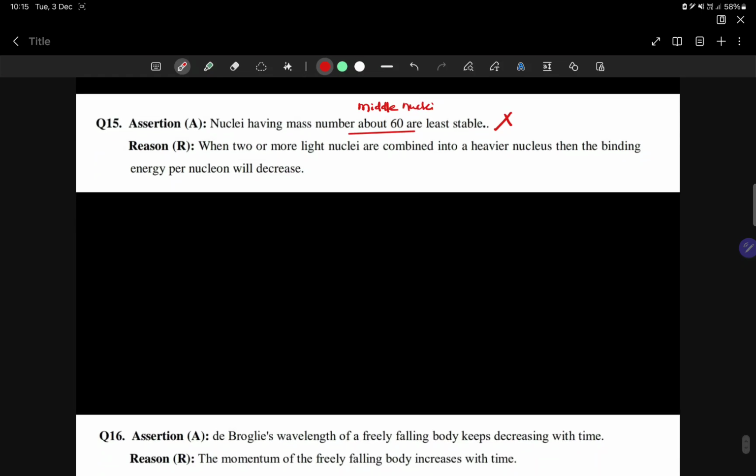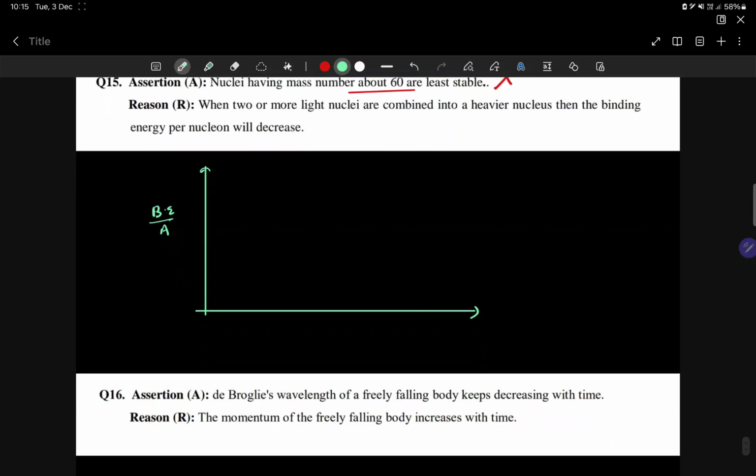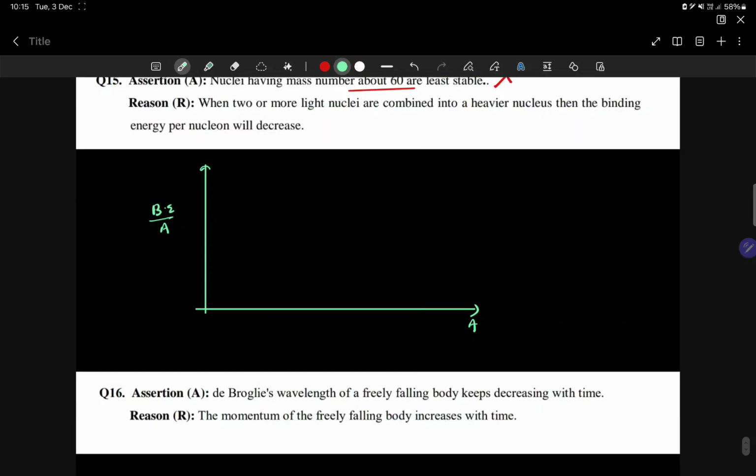Now see, we have read the graph of binding energy per nucleon versus mass number. What is the nature of this graph? The graph is something like this one.